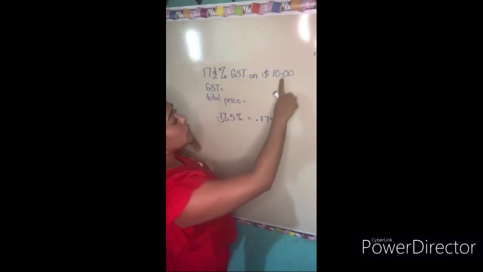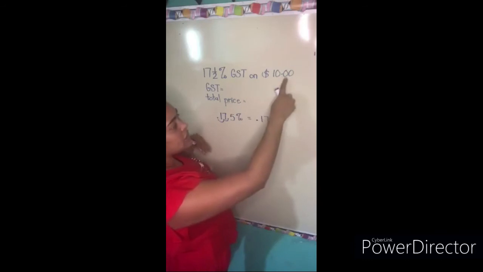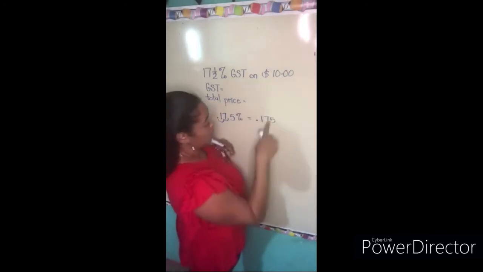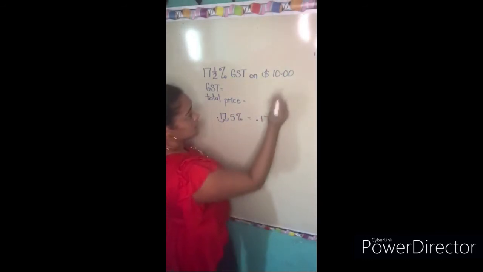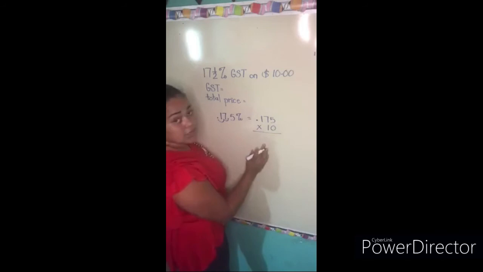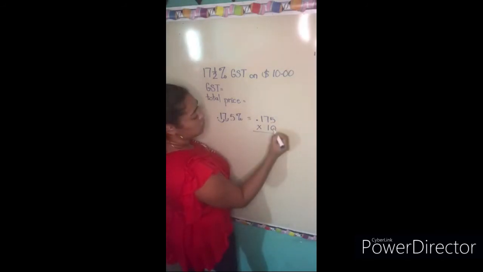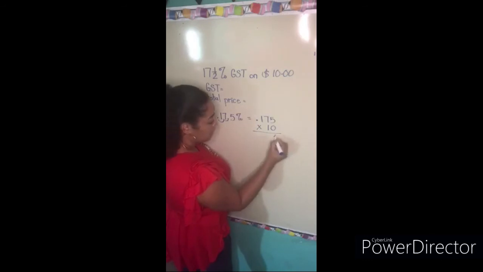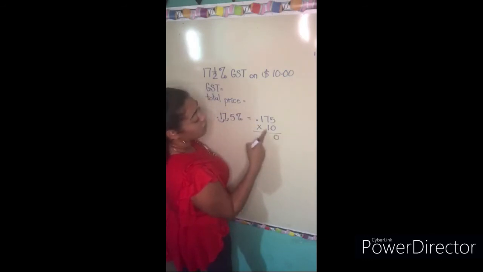All right? So we're going to multiply that by $10. But we don't need to put the 0.00 here when we're multiplying, right? Because that is only 10. So this is how we would multiply that. All right? So 0 times all of this would give us a 0. So we're going to put 0 here. Then we're going to move on here.